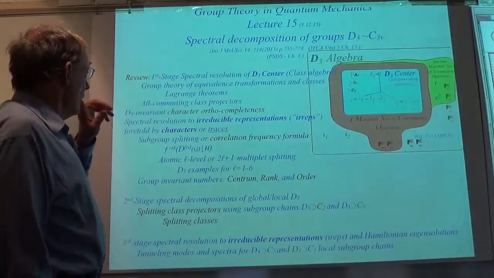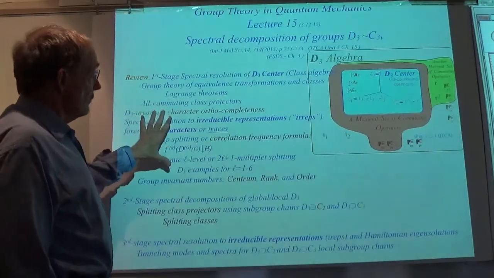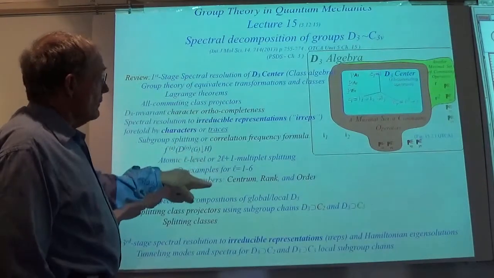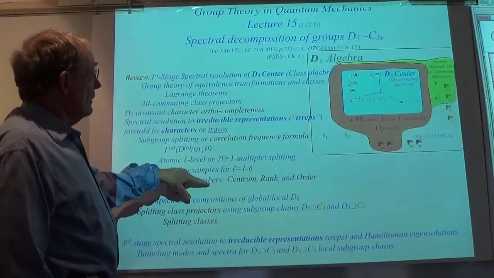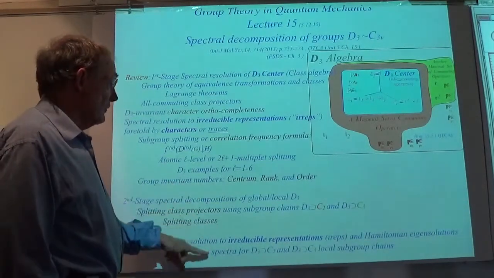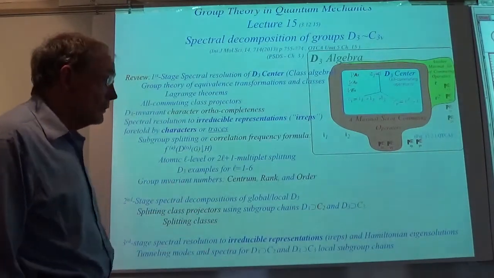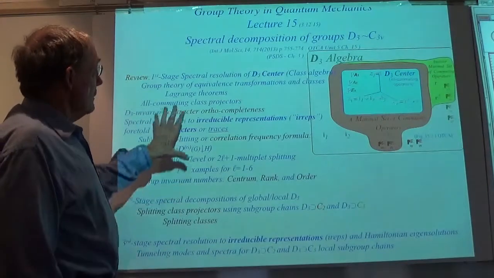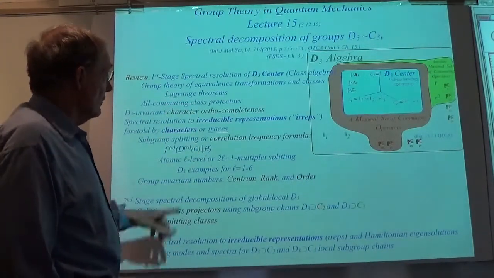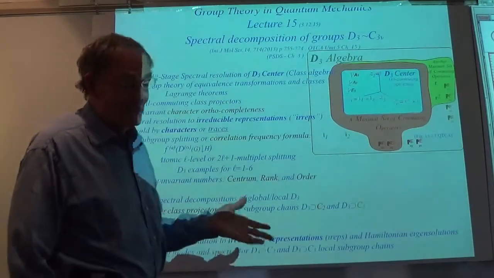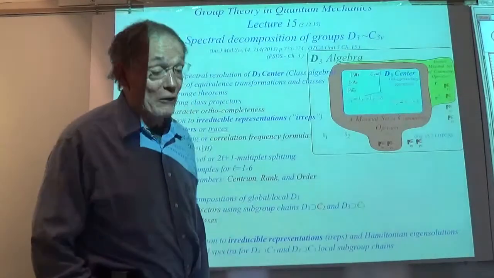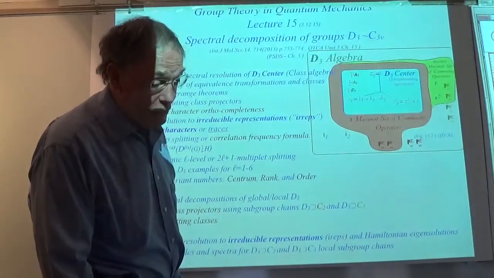If somebody says they know group theory in physics, it's usually the first stage. They may have little bits of knowledge for the other two stages, but this is one that we'll cover very closely today, and if you don't learn anything else in this presentation, you definitely want to know the first stage, because you can do a lot with it.